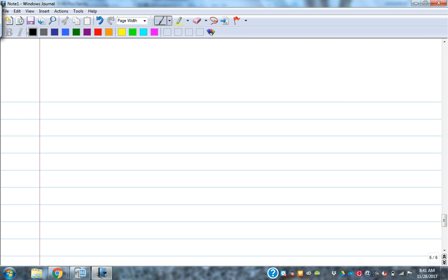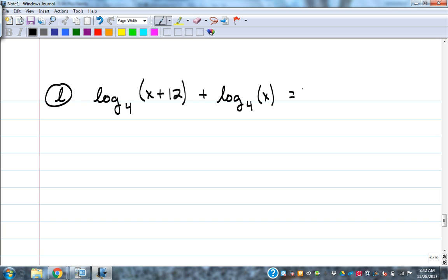Let's do one more here. Log base 4 of x plus 12 plus log base 4 of x equals 3.